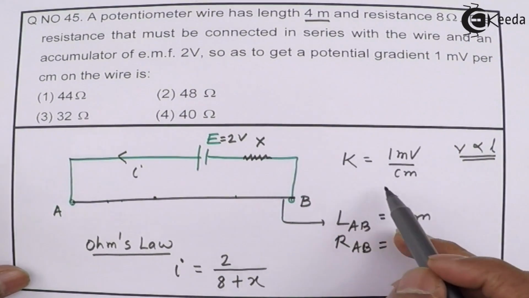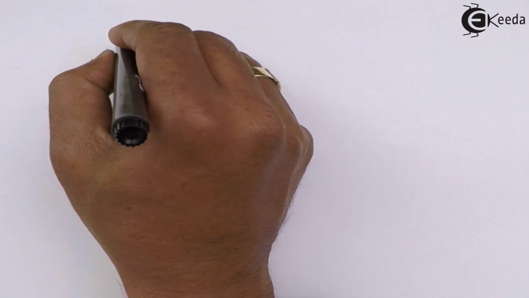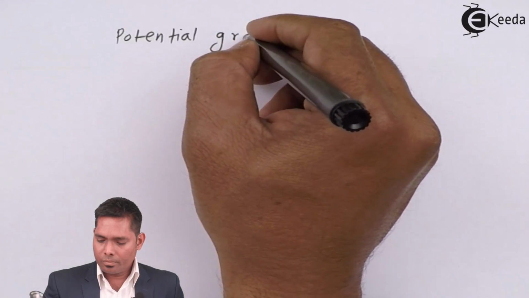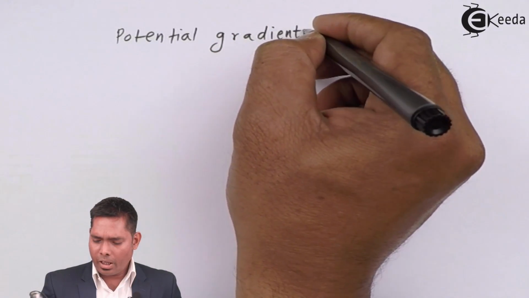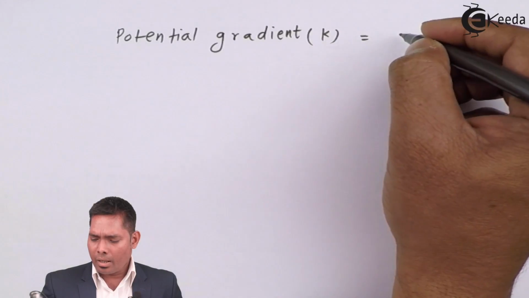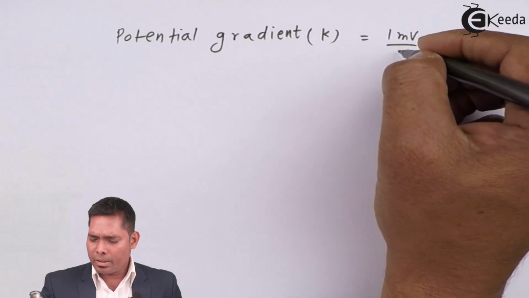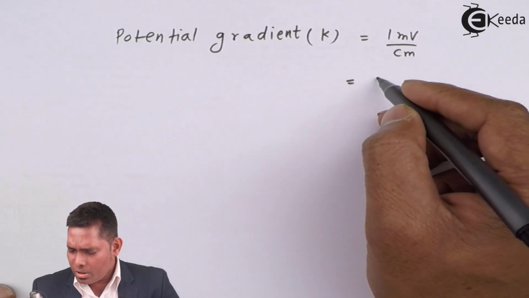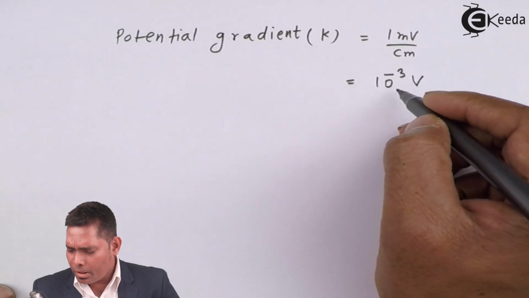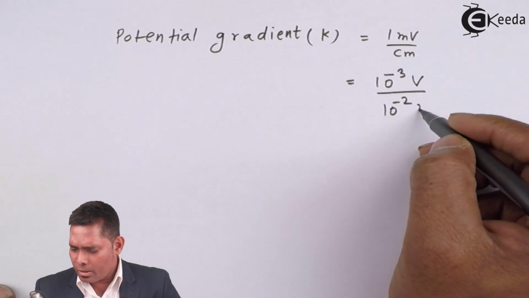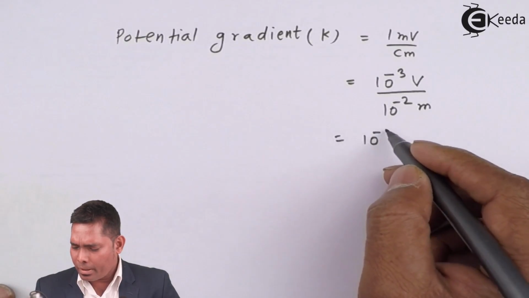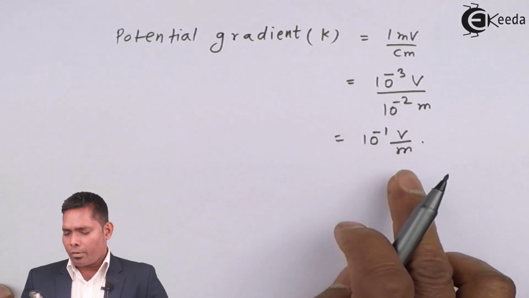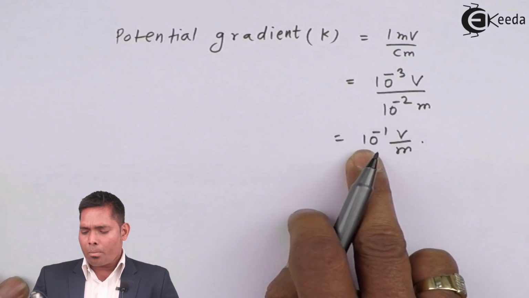The potential gradient K, I suppose, is given as 1 millivolt per centimeter. That I write in SI system, this is 10 raised to the power minus 3 volt per 10 raised to the power minus 2 meter. So this is 10 raised to power minus 1 volt per meter. So for every 1 meter, there is a drop of 0.1 volt.